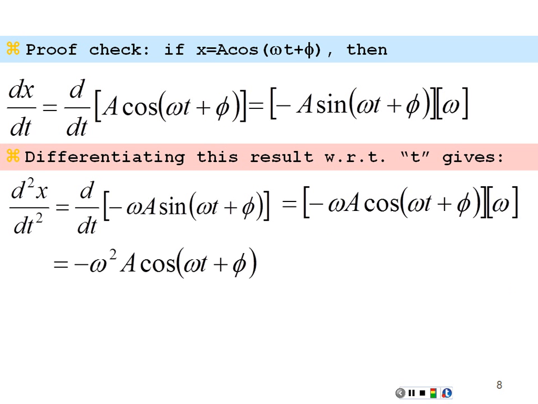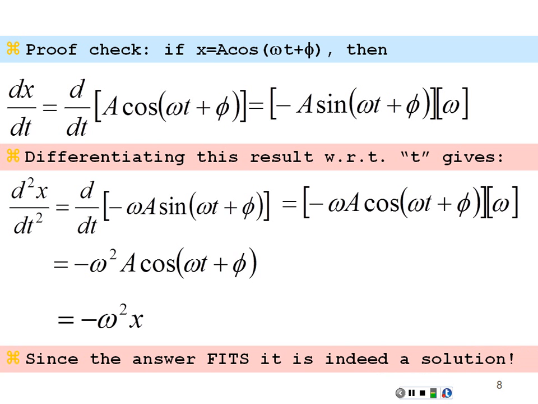But I recognize that the A cosine omega t plus phi is my x. So this is equal to negative omega squared times x. And just by substituting in, I have proven that A cosine omega t plus phi is indeed a solution of this differential equation. So since the solution fits, it must indeed be a solution.